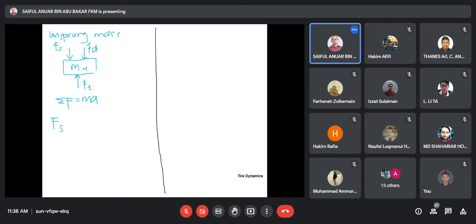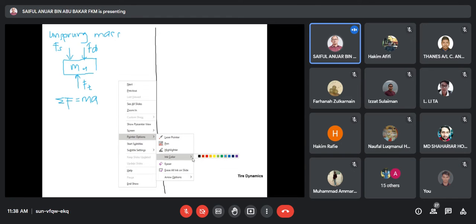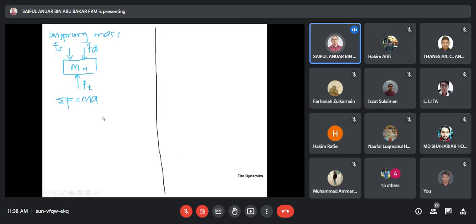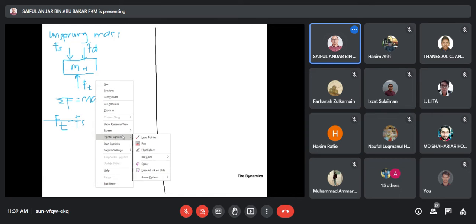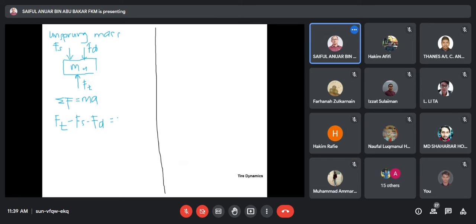So we have FT, the tire force, minus FS minus FD equal to MU ZU double dot. This is the second general equation.